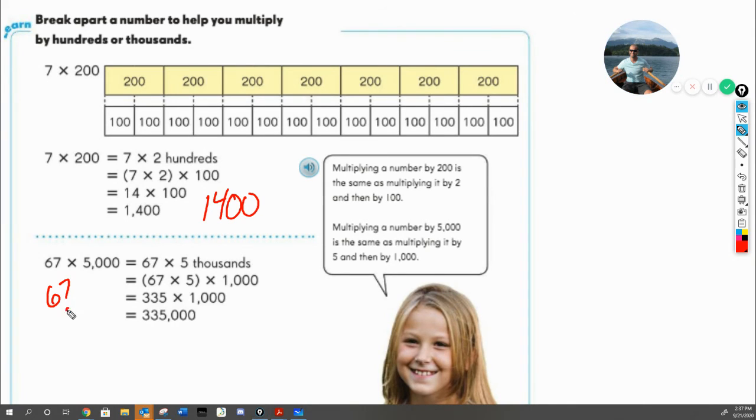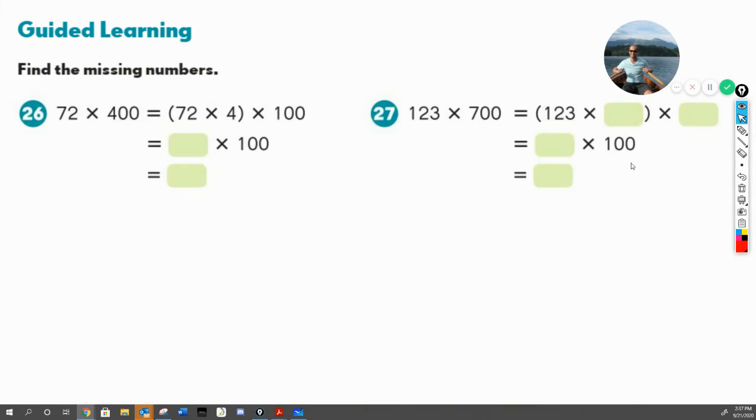Oh, you've actually got to do the 67 times 5. Oh, no, computation. My brain. 335. You have the 3 zeros for the 5,000s. Then you just add the 3 zeros right there. All right. Clearing the screen and moving on.